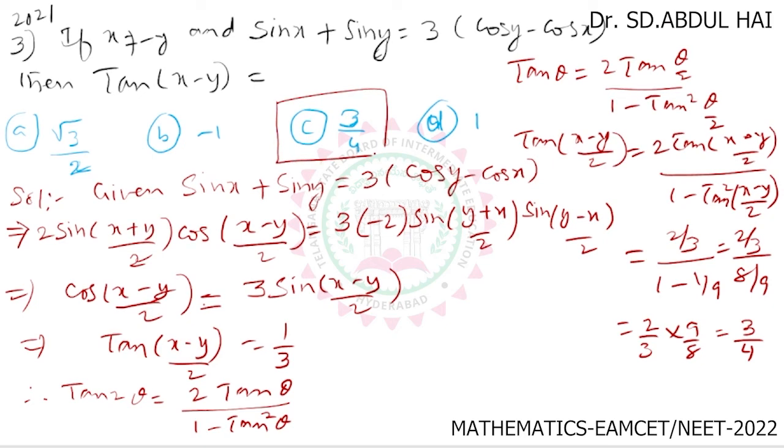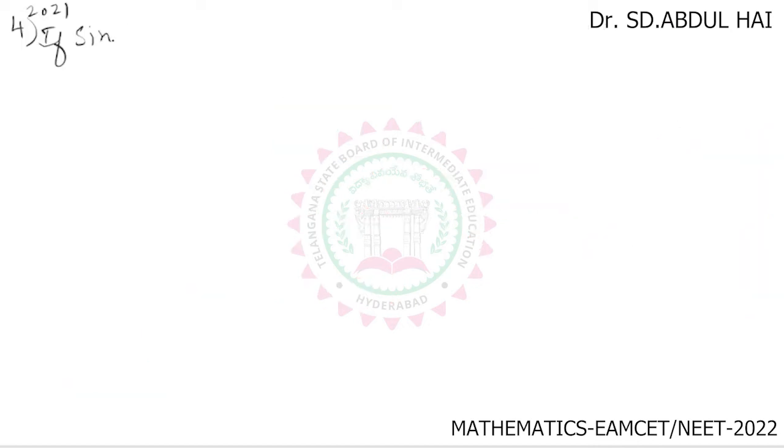Okay. So this is also asked in 2021 examination. Now, sin of (x plus y) divided by sin of (x minus y) is equal to (a plus b) by (a minus b).